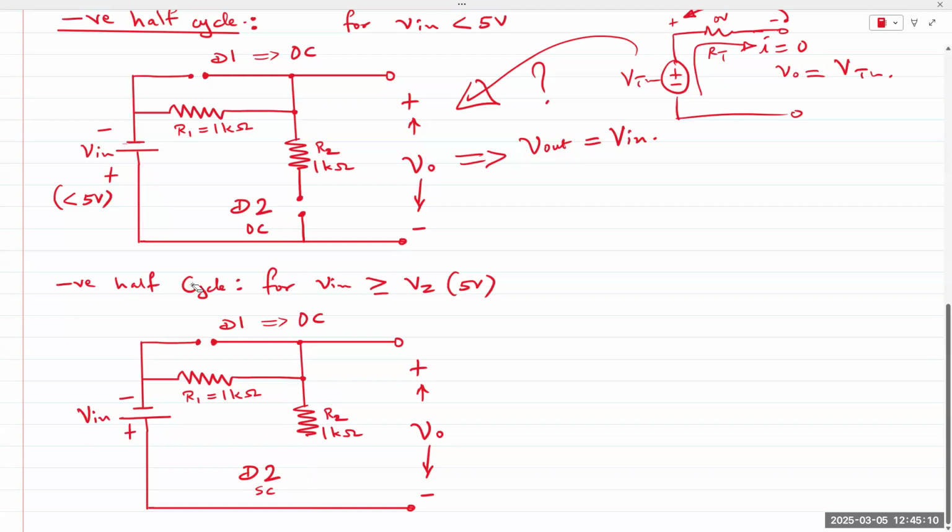How can we model the Zener diode? If it's a short circuit, then the voltage across the Zener goes to 0. But the Zener diode holds the voltage constant across its terminals. If it's a constant voltage, it means it's a DC supply of 5 volts.